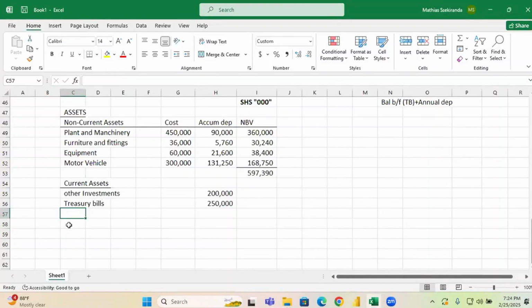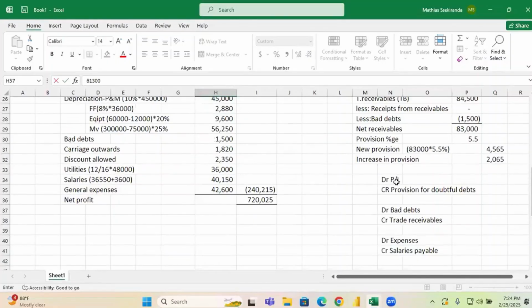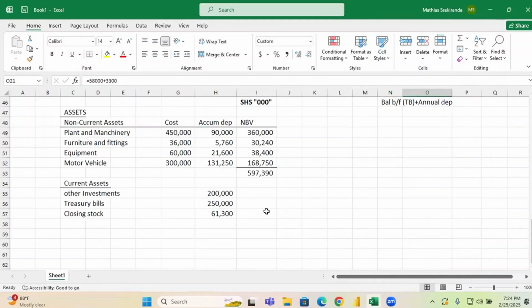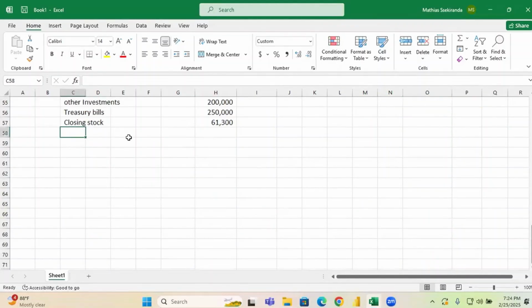Then we have closing inventory. Normally closing stock, we take it as a current asset. But if you remember with closing stock, we had adjusted it and we had gotten the figure 61,300. It was our working number one, 61,300. So we bring it there as well. We had the prepaid utilities. If you remember very well, we only considered utilities for 12 months.